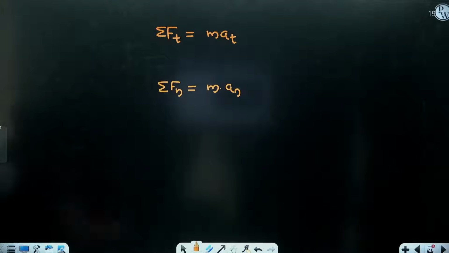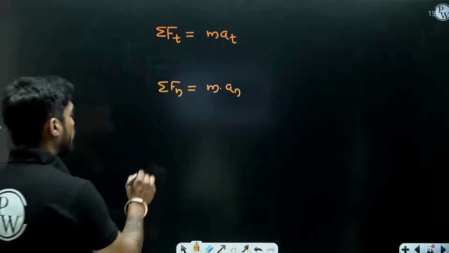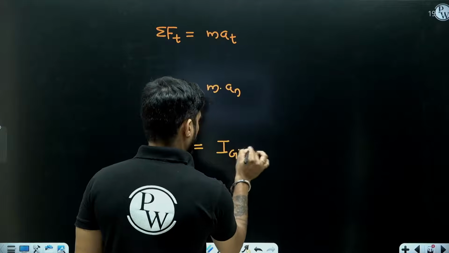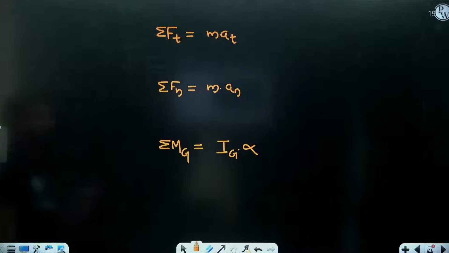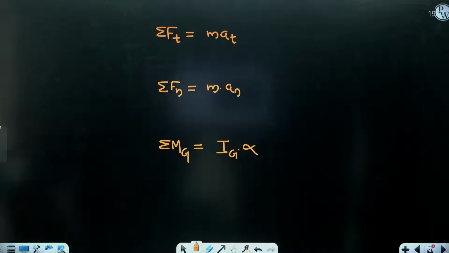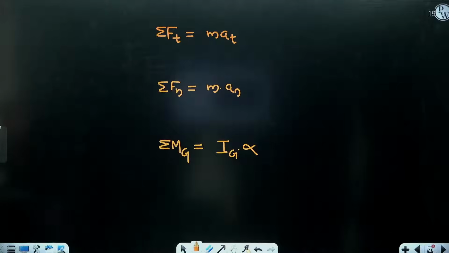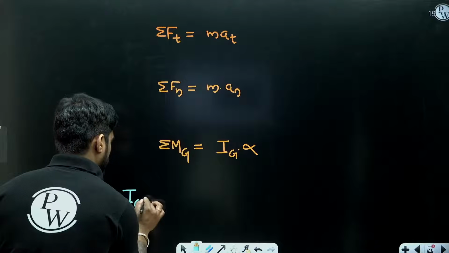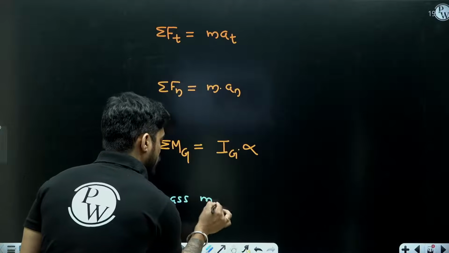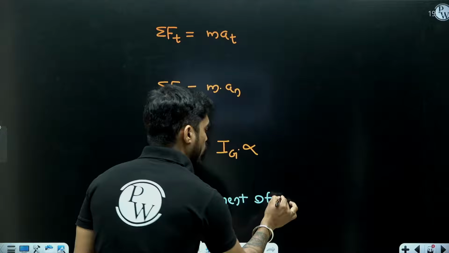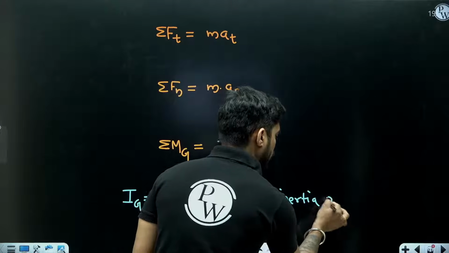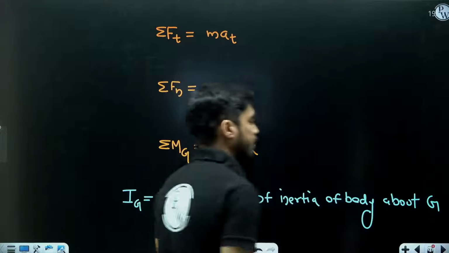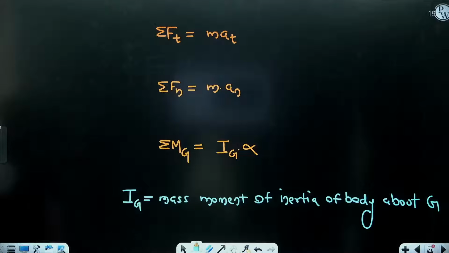Okay. Now there is the third equation, which is the equation of moment. Summation of M about point G will be equal to Ig into alpha, where Ig is the mass moment of inertia of the body about G. So this is a different equation.